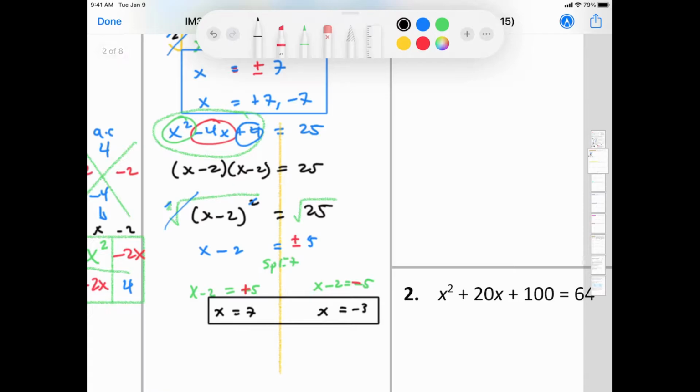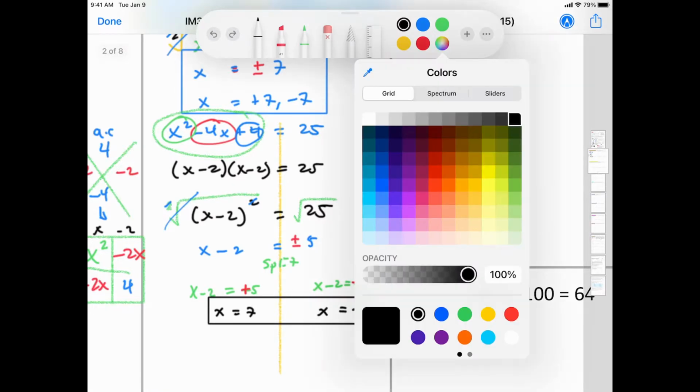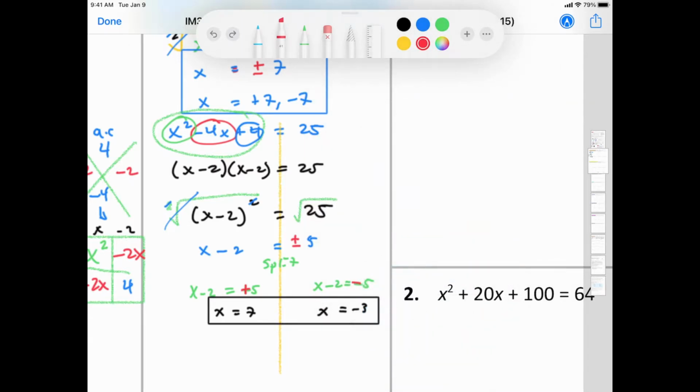So let's review what we did here. Let's use a different color here. Number 1, we factored, and I'm going to write PST, perfect square trinomial, because that basically means you just factor, and then this line and next line are perfect square trinomials, right?